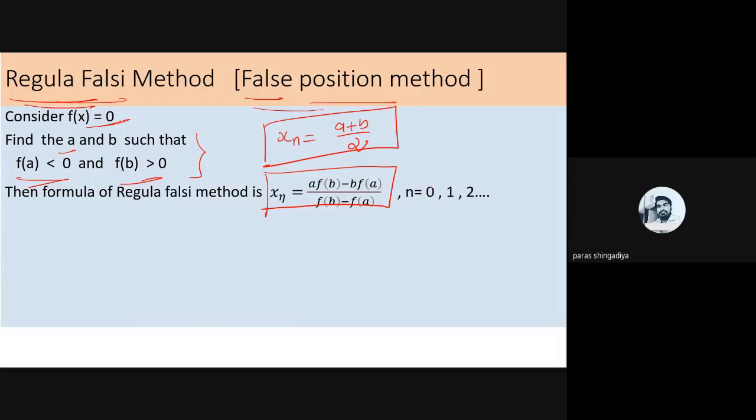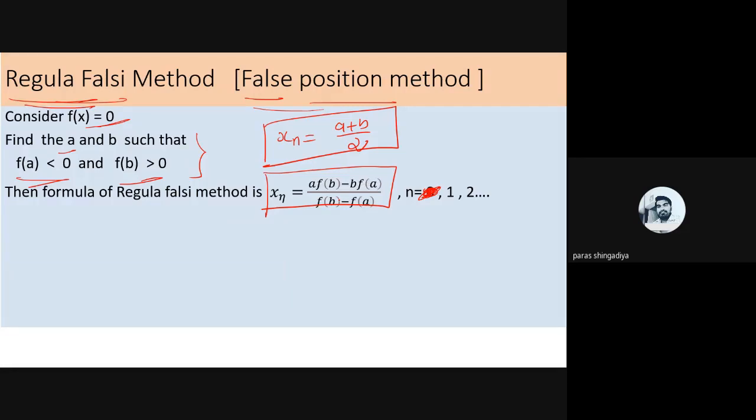Just start with x1, x2, x3, x4, x5 and so on. There is no requirement of x0. Check the function output after each: if it is negative, replace the negative point with x1, and if it is positive, replace the positive point.